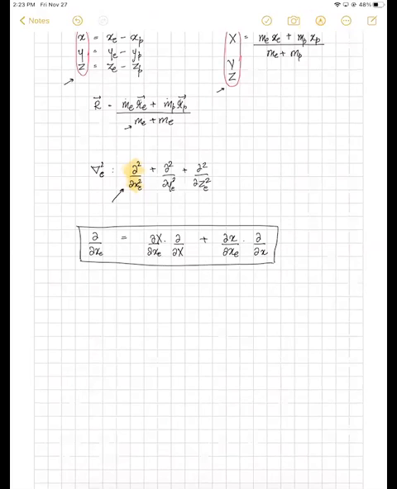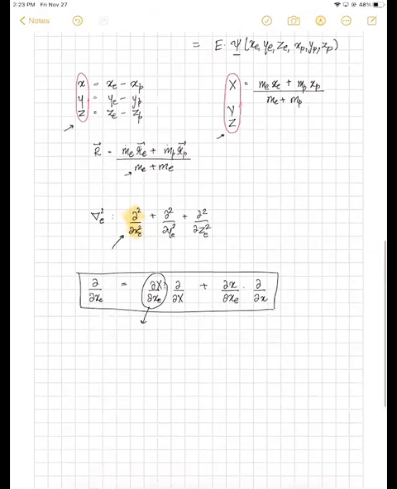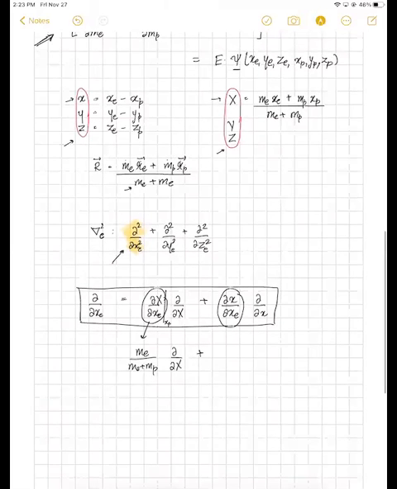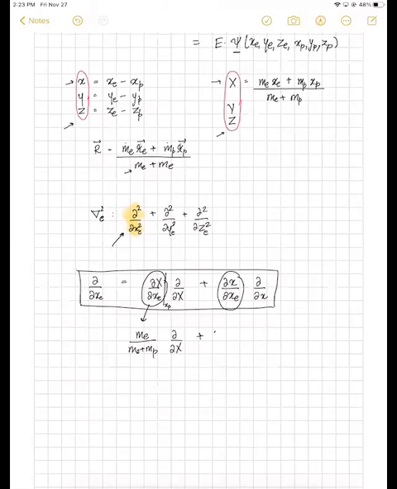And now, let's first try to solve this part. We can go back to our x here. And if we take our partial derivative with respect to xe, here it is implicit that this is being solved when xp is constant. We get me upon me plus mp, del by del capital X. And when you differentiate small x over here with respect to xe, you get just 1 times del by del x.